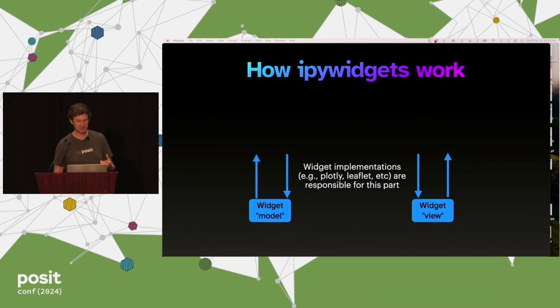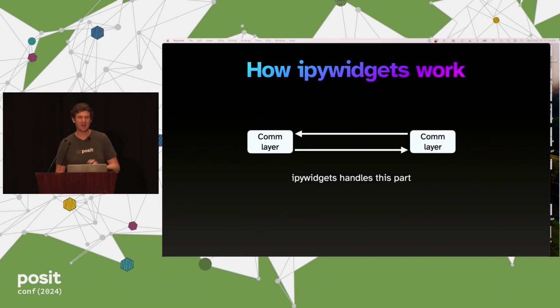Right, and one of the interesting bits here is that the widget implementations like Plotly, Leaflet, and Altair are all responsible for the part that happens very close to the actual widget object and the JavaScript view. But the back-end architecture of the comm layer is all provided by ipywidgets and just generically handles all different widget implementations.